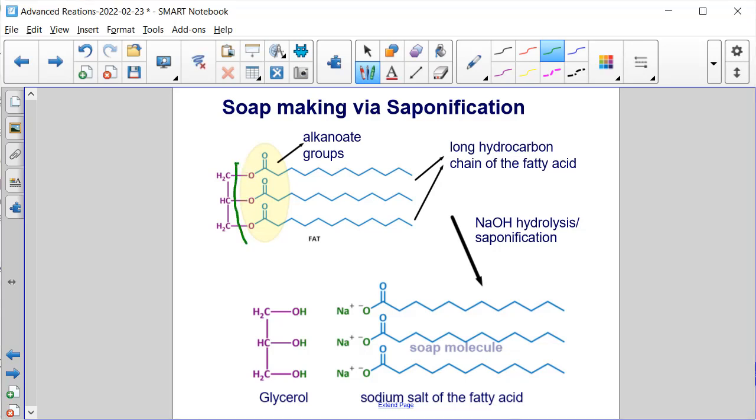That's where our hydrolysis occurs. And we end up with glycerol and the sodium salt of the fatty acid. So at every one of these places, we would have a negative ion, and the sodium positive ion forms the sodium salt. And then glycerol is our other product.